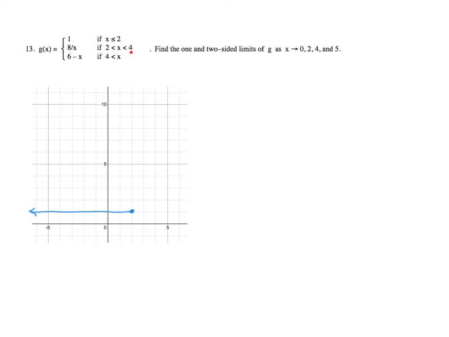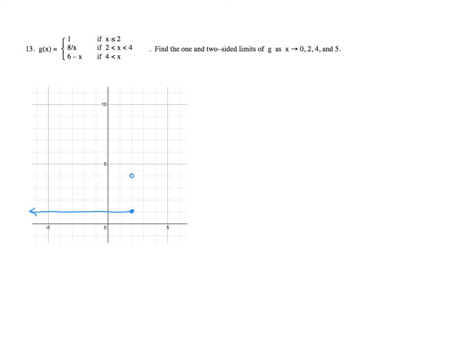I'll then do the same thing for x is equal to 4. So if you were to put 2 into this expression, 8 over 2 is 4. So at 2, 4, I'm going to put an open circle like this. So that's kind of like where the graph is starting.